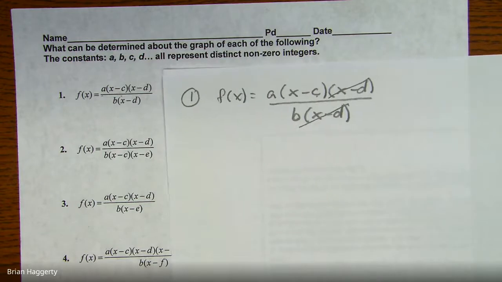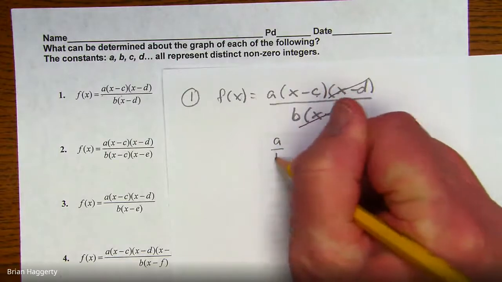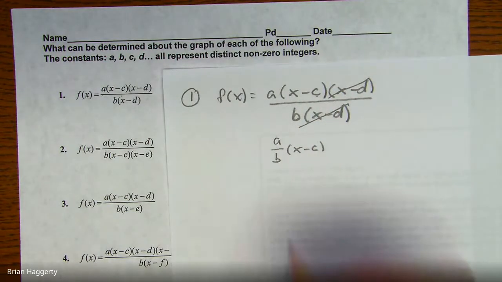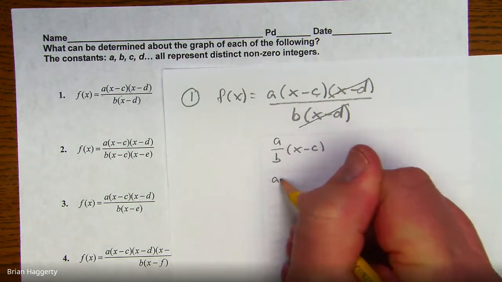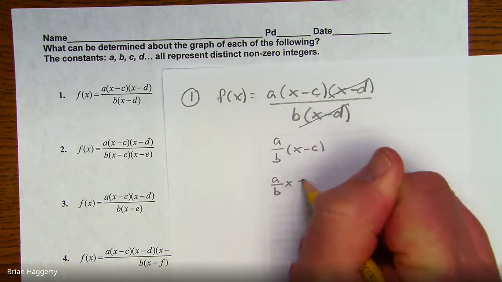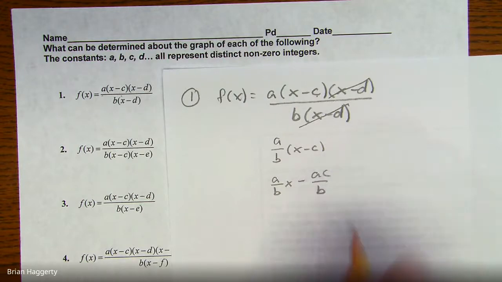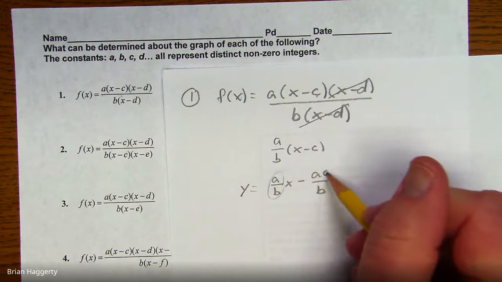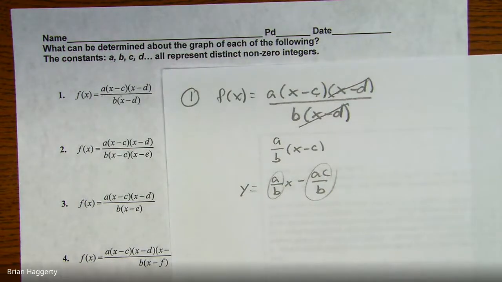What does that graph look like? Well, that would leave us A over B times x minus C. And if we clear parentheses, A over B x minus AC over B. That's just a number. It's an equation of a line.